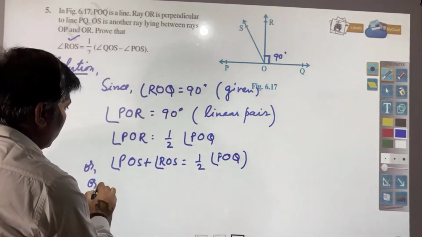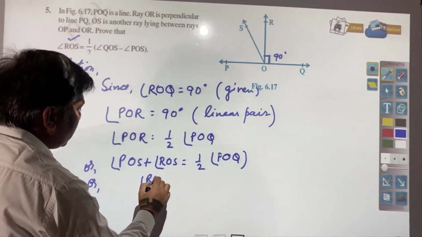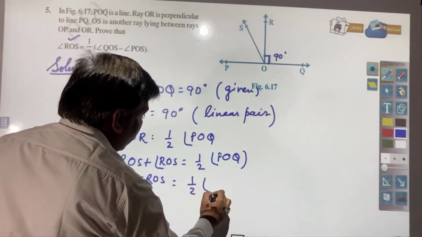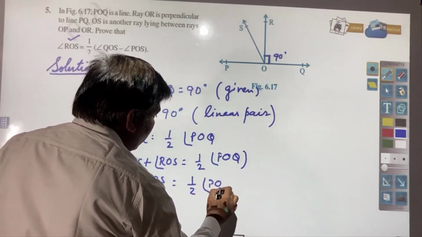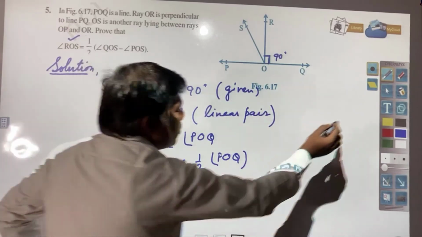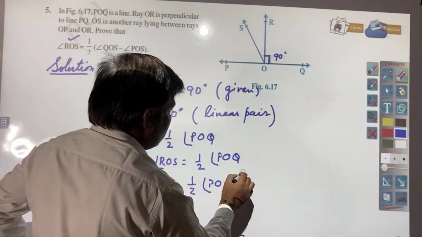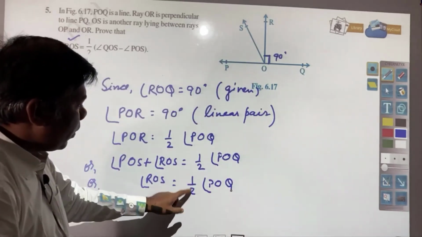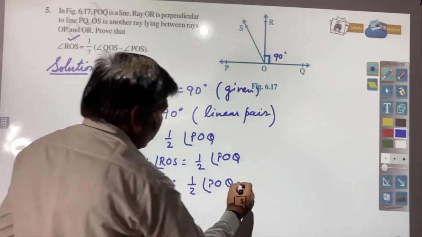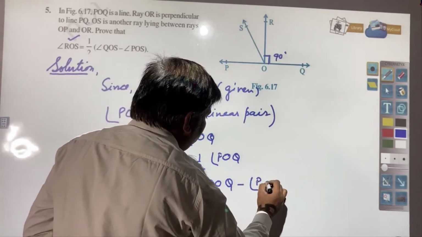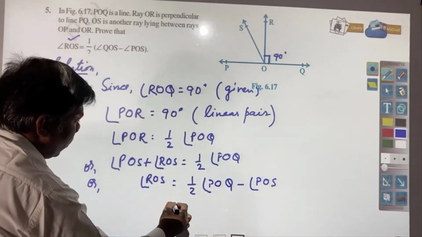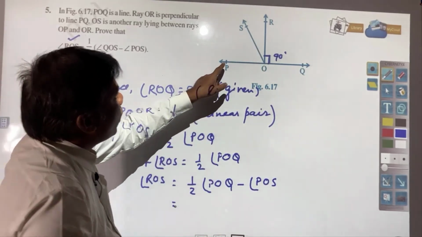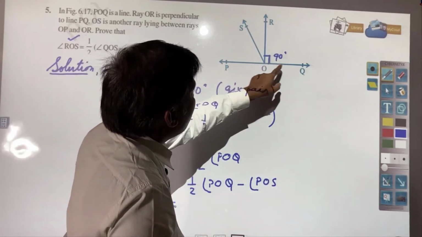Now angle ROS will be half of angle POQ minus angle POS.